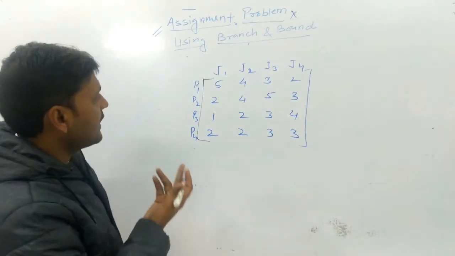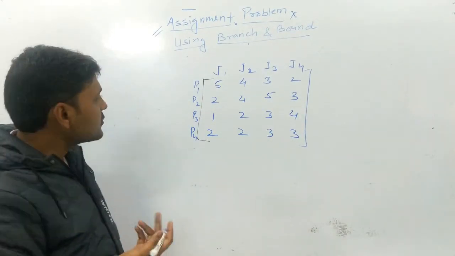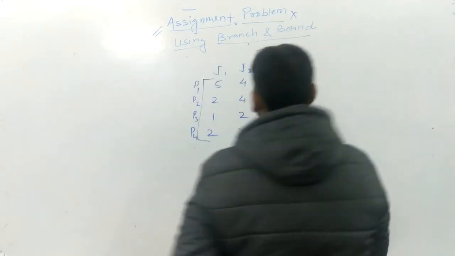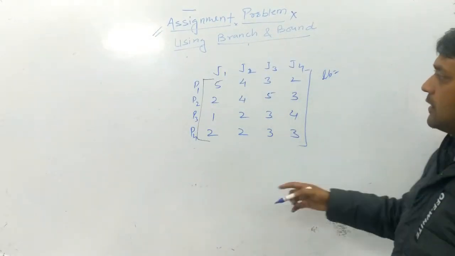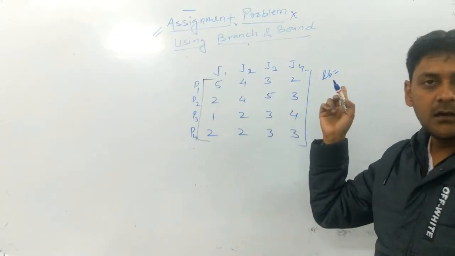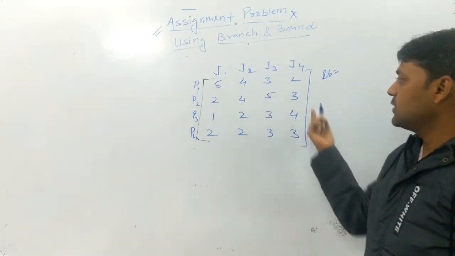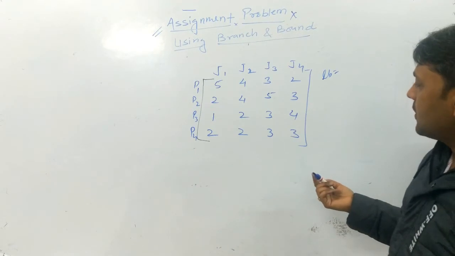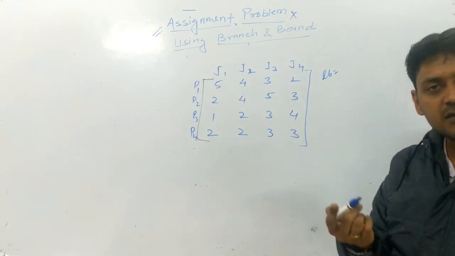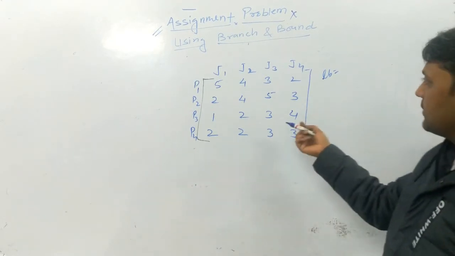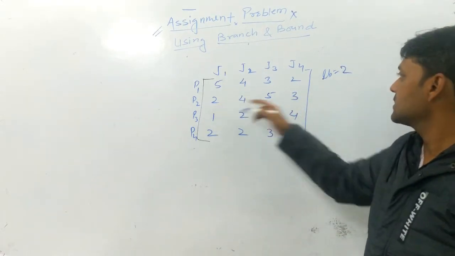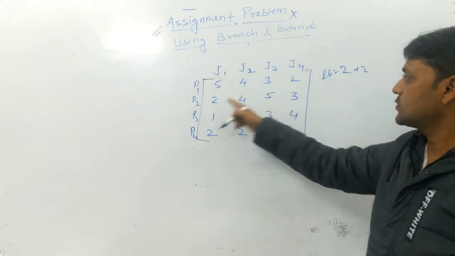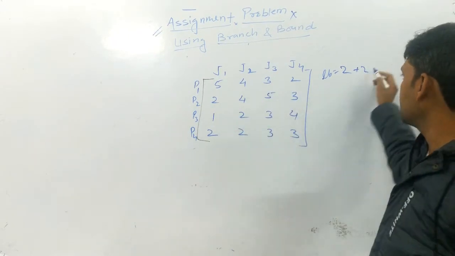You have taken random values, and to find the lower bound value you choose the minimum in each row. If there is more than one minimum, you choose one of the minimums. Here the minimum of the first row is 2, then 2, then 2, and the last is 1.